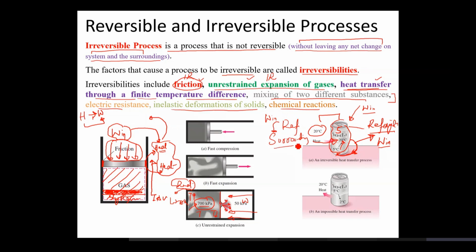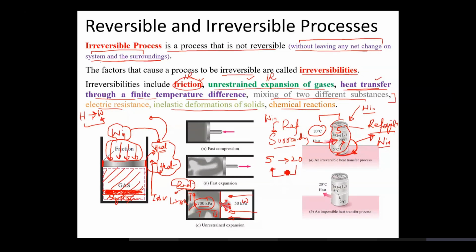This work done by the surrounding is a net change in the energy of the surroundings. Energy has to come from the surroundings. By surrounding, I mean anything outside this can. So the surrounding has to provide some work onto the soda can so that the soda can come back to its original condition. Now, it's clear that the soda can moved from 5 to 20 degrees centigrade and then moved back again to 5 degrees centigrade.